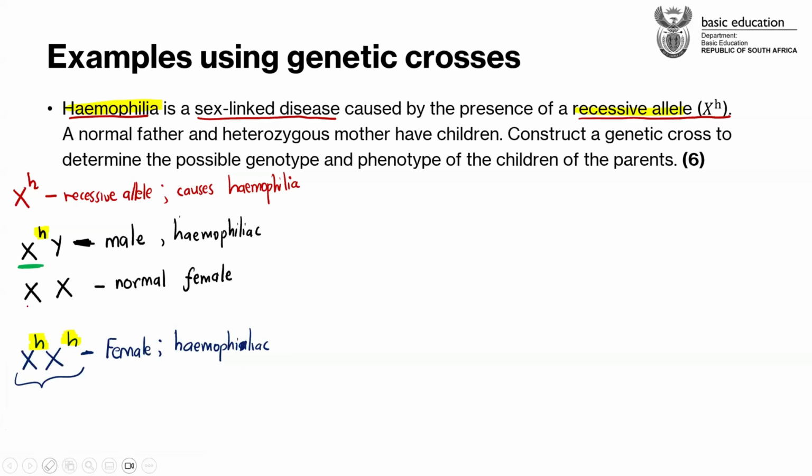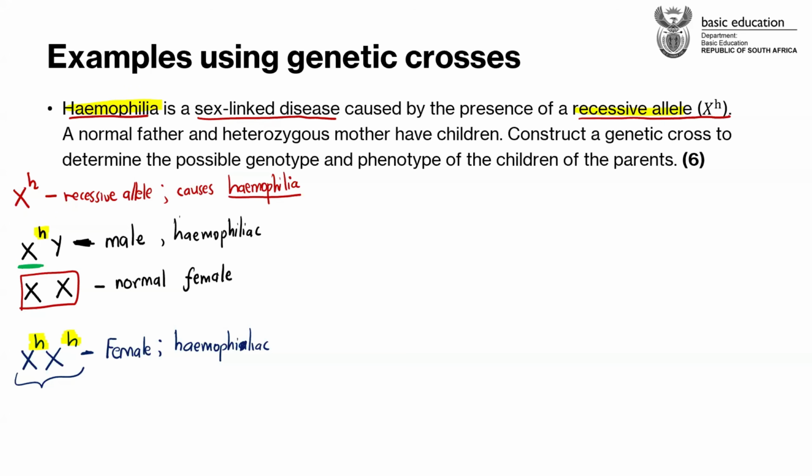It's wrong for you to say that this is a female and write something like XX. Whenever we are talking about sex-linked inheritance, you cannot just say that this is a normal person by writing XX. Once they give you a recessive allele, which is X with a small letter h on top, and they say that it is the one that causes hemophilia, it means that the dominant allele does the opposite.